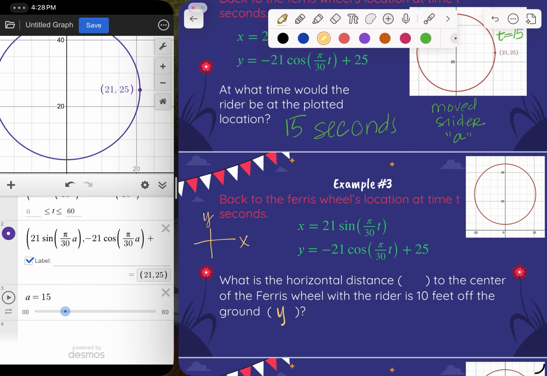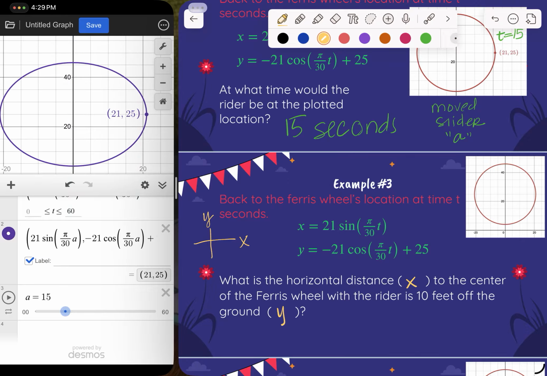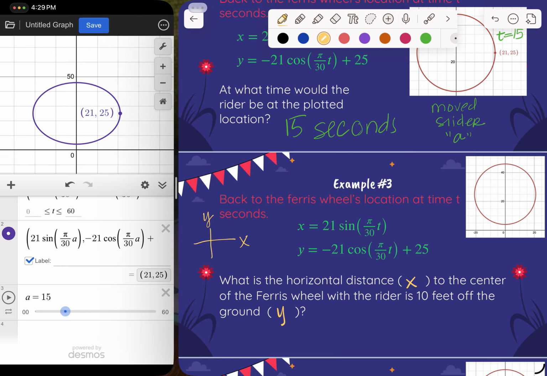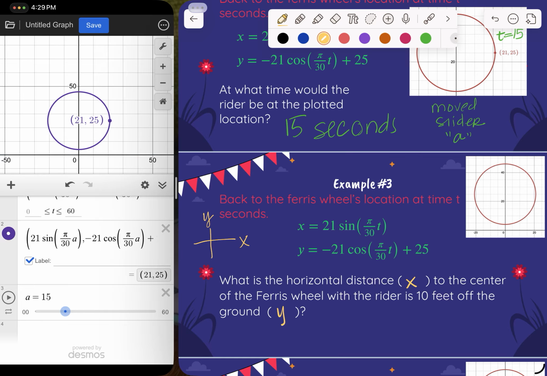So this is my Y, and this is my X. So where is my X when the rider is 10? So I'm going to use my slider. I'm going back to my slider, and let's see if I can squish this so we can see it all better. Squish it this way so it's a circle. I am going to try and do this, my slider, until I see the Y value equaling 10.